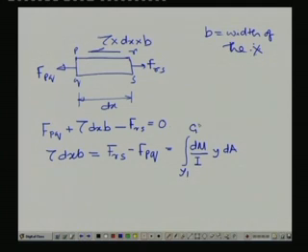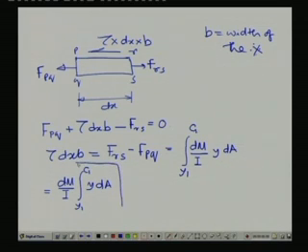This expression can be simplified once again to dM by I times the integral from y1 to c1 of y dA. What is this particular term, the integral of y dA from y1 to c1?